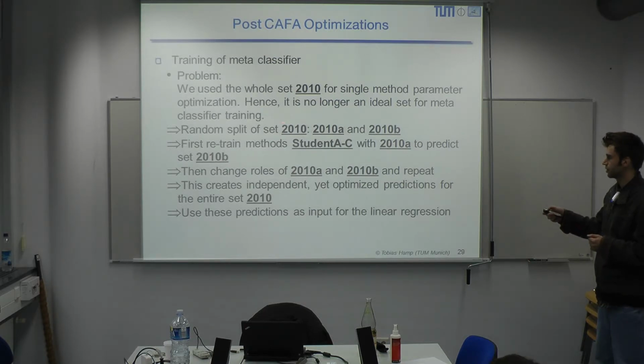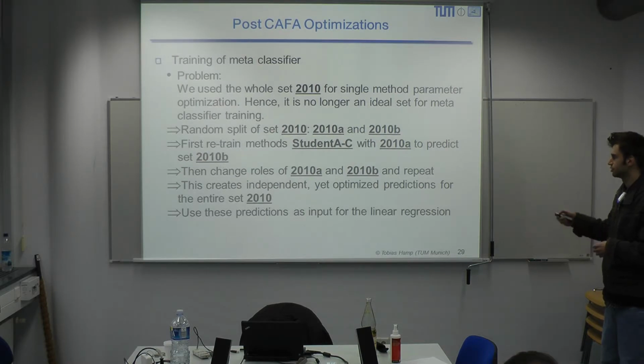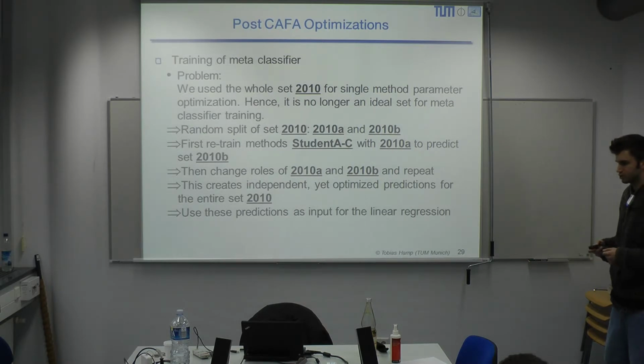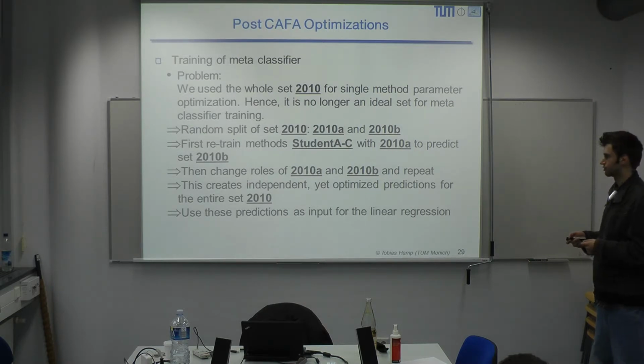So we split our optimization test set into 2 parts, and used one part to optimize the baseline methods, and the other part for training the linear regression. You then switch the roles of these 2 test sets, repeat the entire procedure, and average over your weights. So it's a sort of cross-validation scheme.